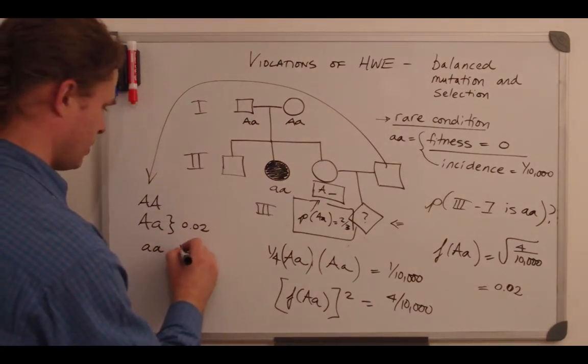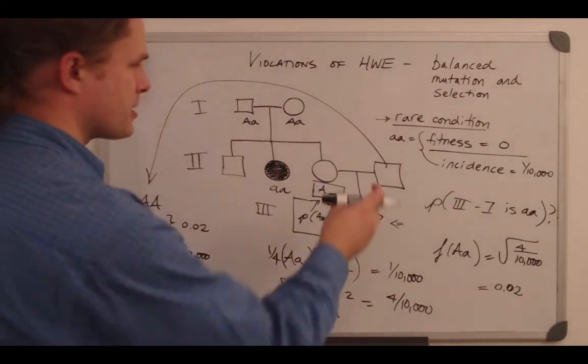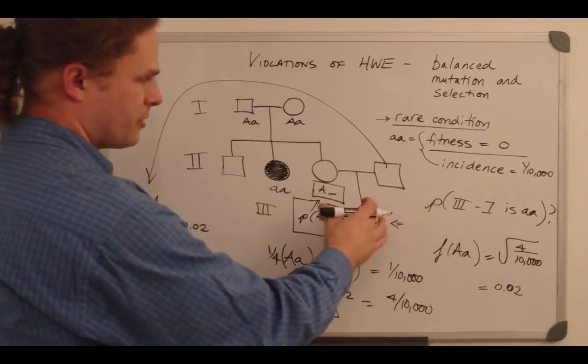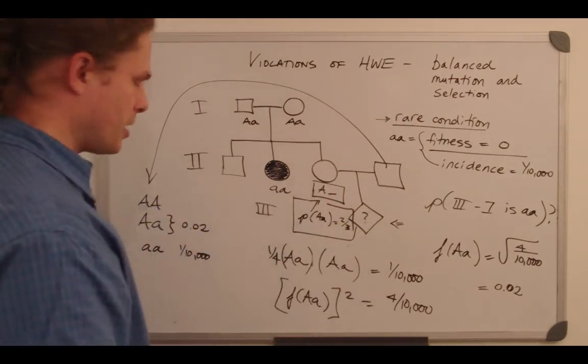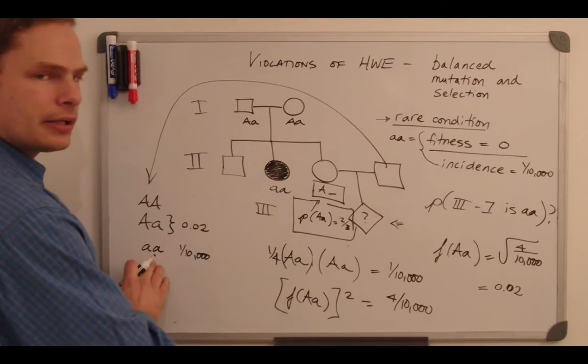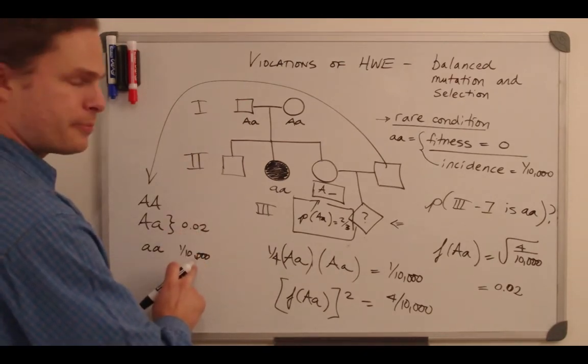So this would be 1 in 10,000. I know that doesn't make sense because this individual is reproducing, obviously. He and his wife are expecting a child. So this person cannot be little a. But this value assumes that this is still an option.